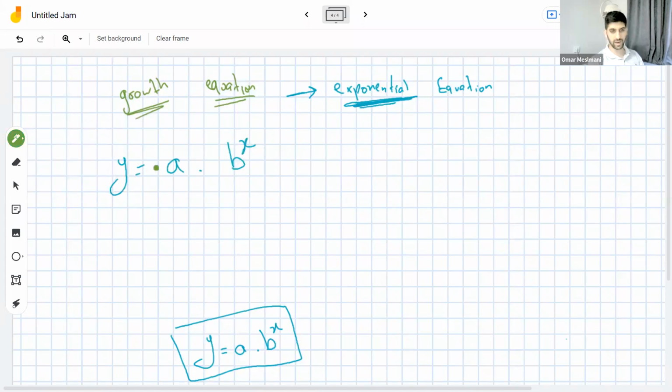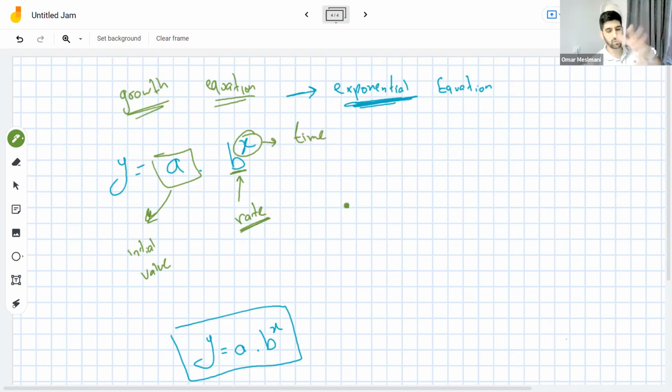This value a is what we call the initial value. And b basically will be the rate. And x will represent the time or whatever the value, but mostly we're going to use time, so x will stand for time.